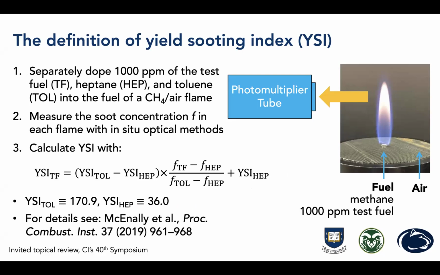For this, we're using heptane and toluene as our endpoints and as calibration standards. We measure the soot concentration in each of the flames along the center line and other ways also. And then this YSI is calculated with this weighted average. The YSI of toluene is 170.9, and the YSI of heptane is 36. And details are shown in our previous 2019 symposium paper.